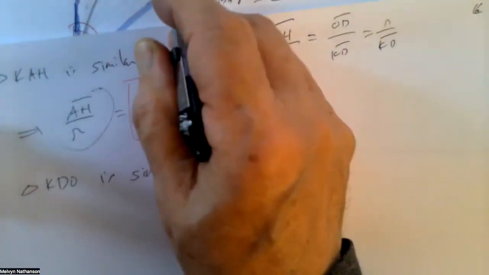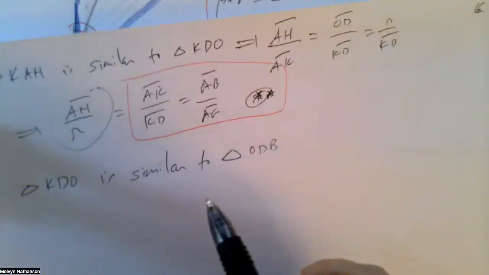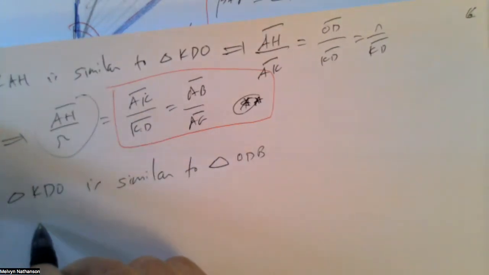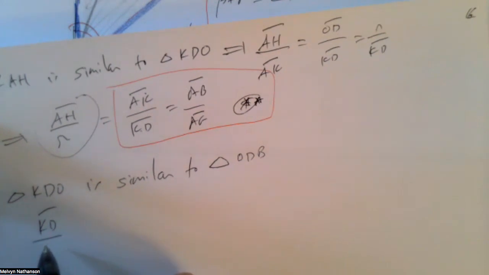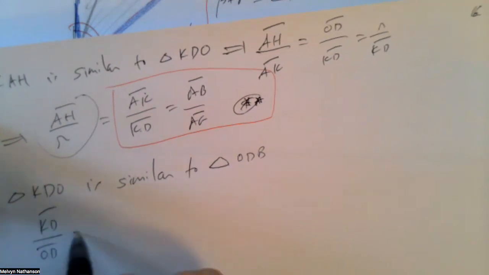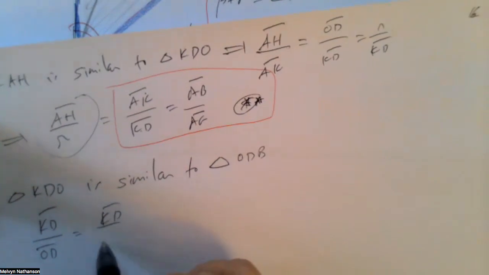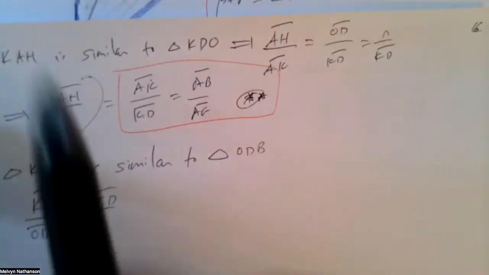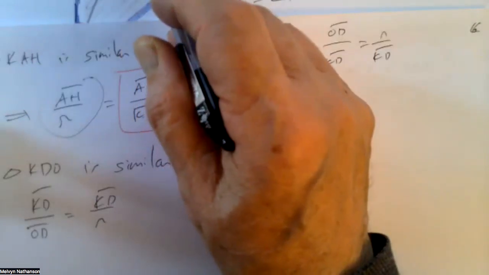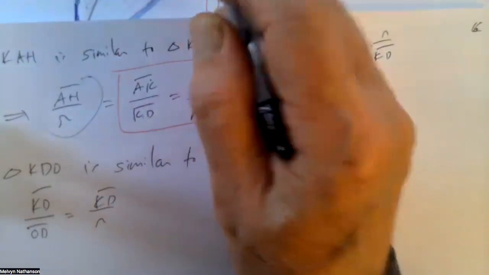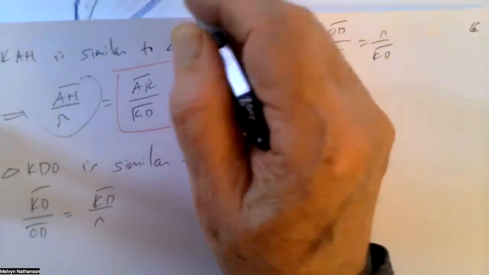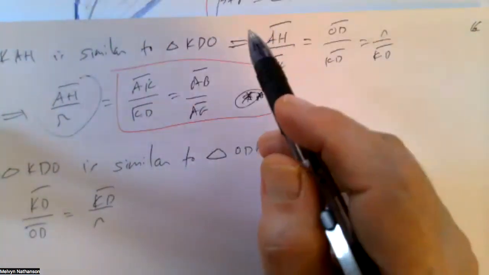So this triangle and this triangle are similar, so the ratio of their sides are equal. So KD over OD, which is KD over R, since OD is the radius of the inscribed circle. KD over OD is the short side to the long side of the right triangle. So that's the same as OD to DB.